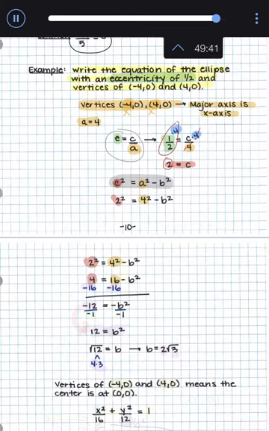Well, first of all, to solve this for B, you're going to subtract 16 from both sides. That gives us a -12, but that's okay because you also have a negative in front of the B squared. So you can divide both sides by a -1, which will make that -12 turn into a +12.